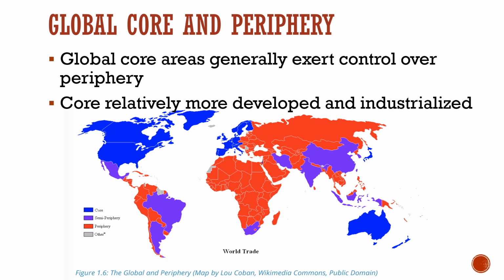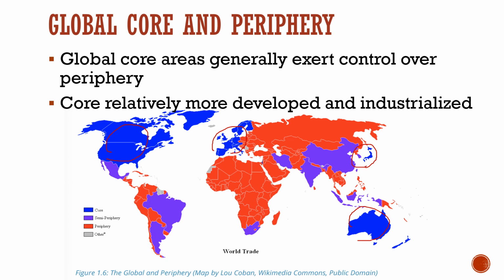So if we think, though, about the global core and periphery, that's really in a region, but if we think worldwide, our global core would be the more economic powerhouses. If we look at this map here, our core, of course, North America, also Europe, very important, Oceania, which includes Australia, and over here, our Asian partners.